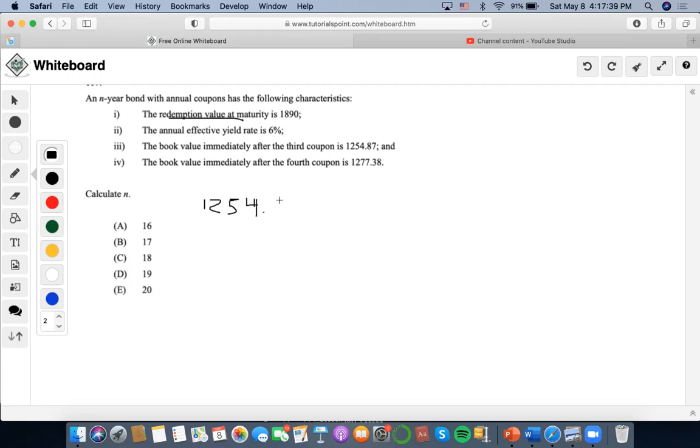Which means that in order to get from the book value immediately after the third coupon to the fourth, we would first have to multiply this book value by the annual effective interest rate, right?